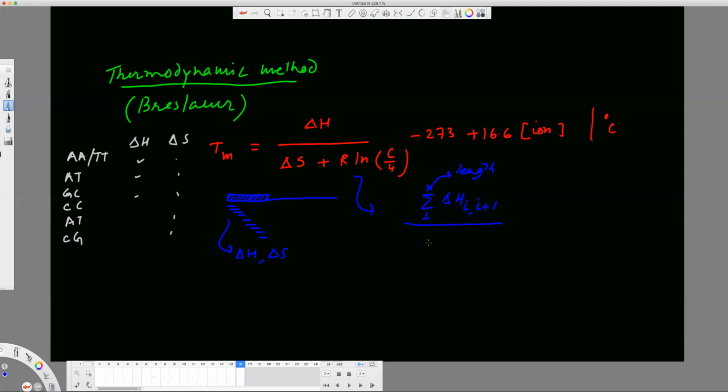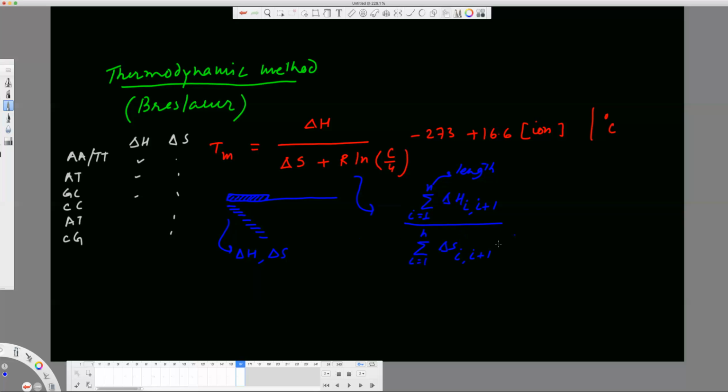And likewise, you do summation over here for delta S. Delta S from I to I plus 1. This is a dimer, and the delta S for one dimer, and then the sum of all the dimers, all the sliding windows over here. Right?